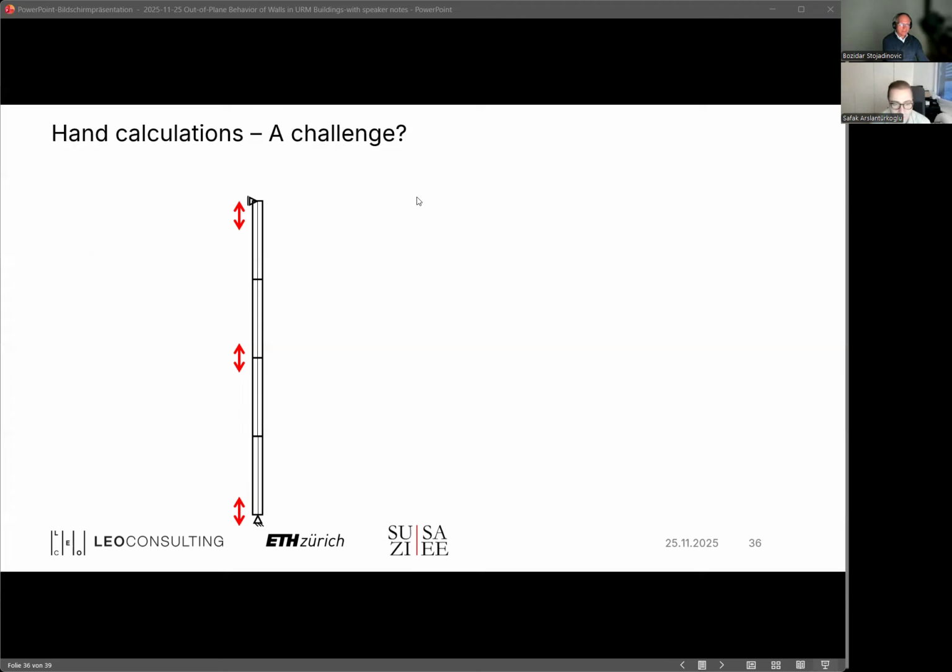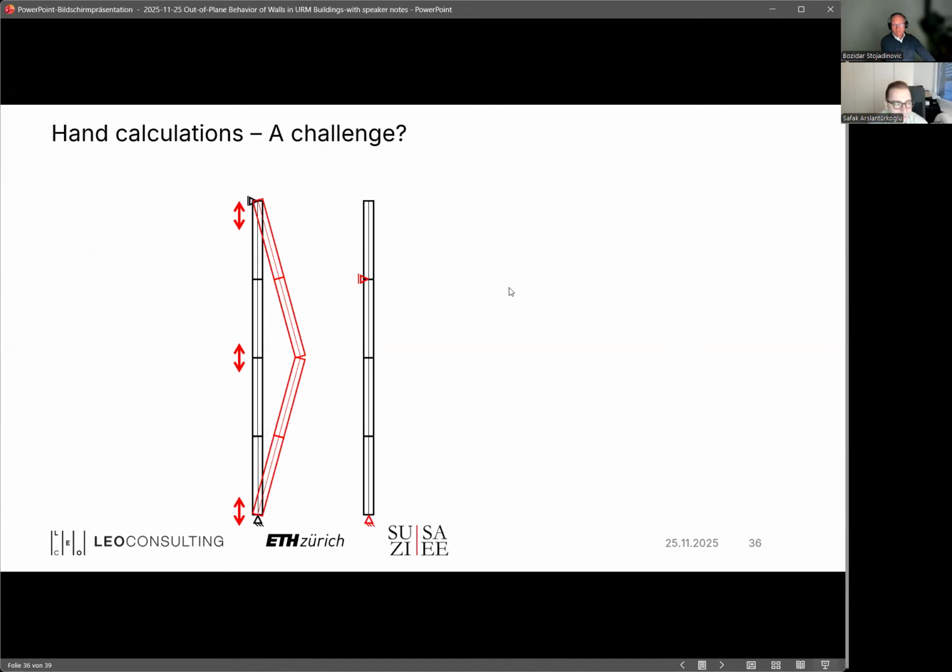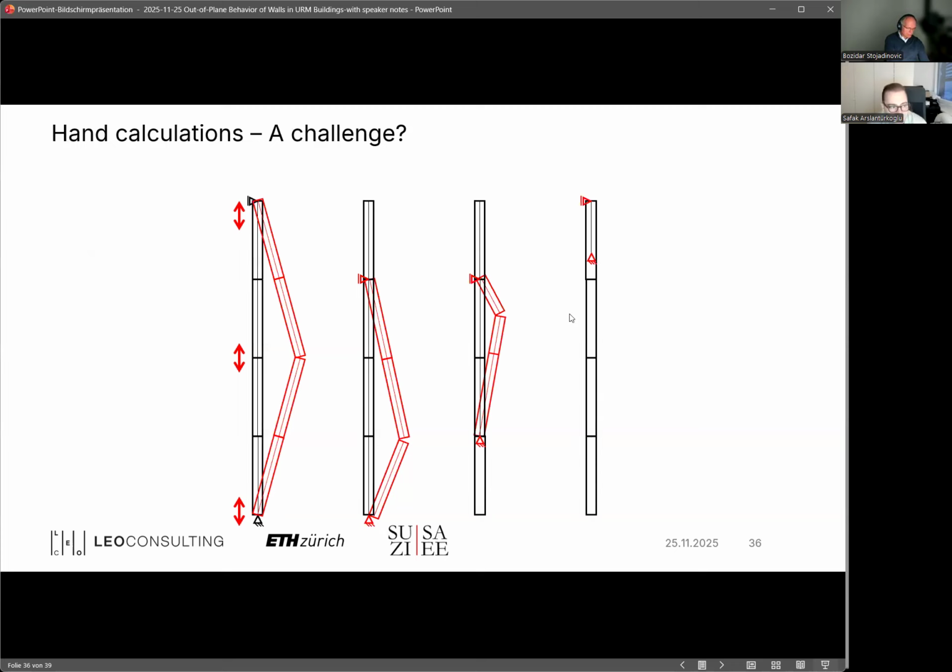There can also be further mechanisms. This would look like that, for instance, but it can also be further mechanisms. We have different heights for the supports, and the hinge is not necessarily at mid height. It can be at the floor level, because there may be additional horizontal loads that trigger a sort of rotation in this wall, or it can be at different heights, not necessarily at the floor intersections.